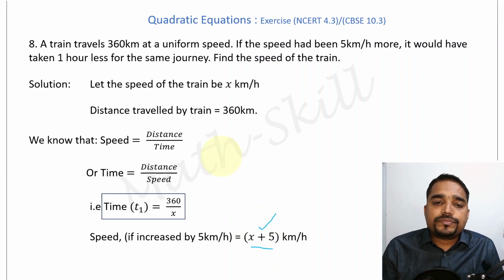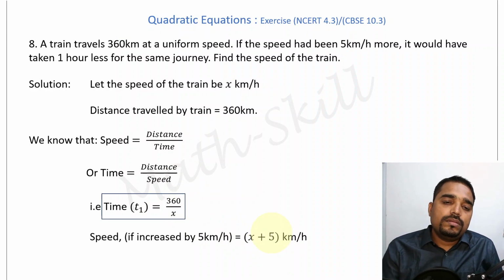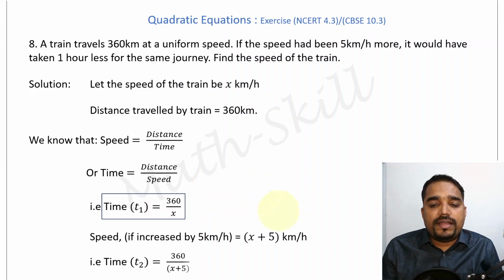Now in this condition also the train is traveling a distance of 360 kilometers, therefore the time taken with higher speed, t2, is equal to 360 divided by x plus 5.